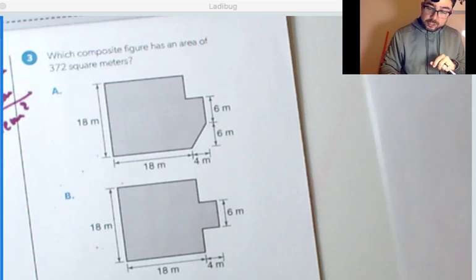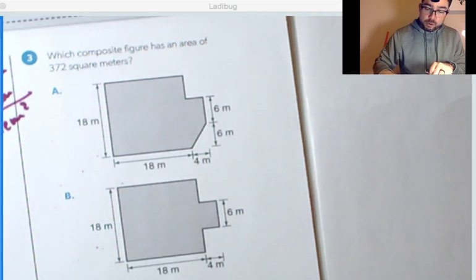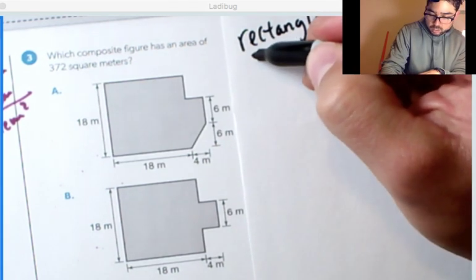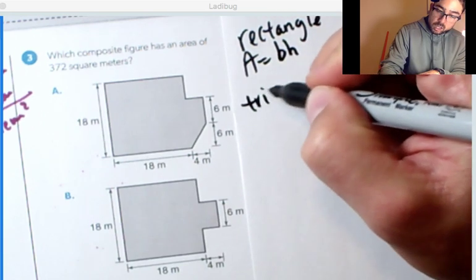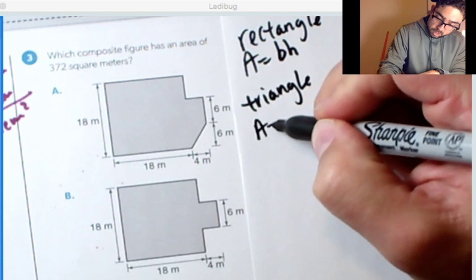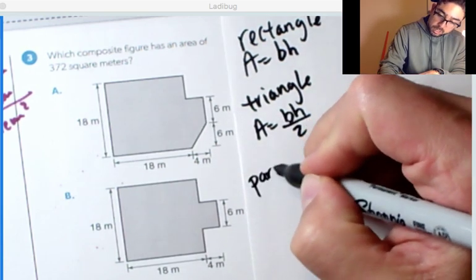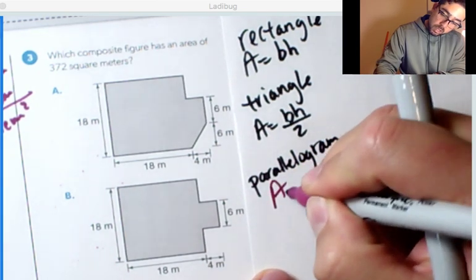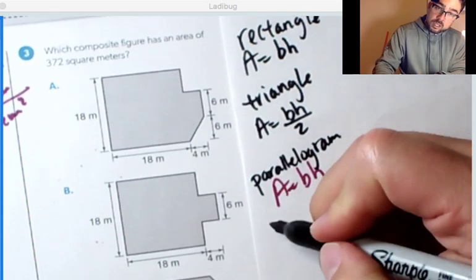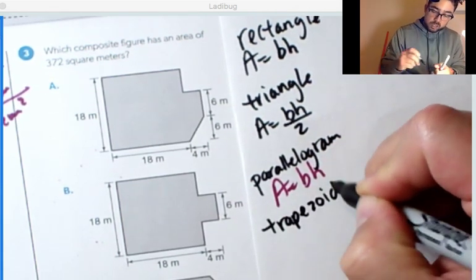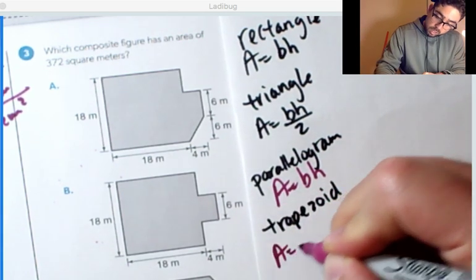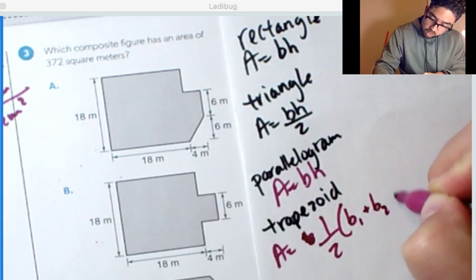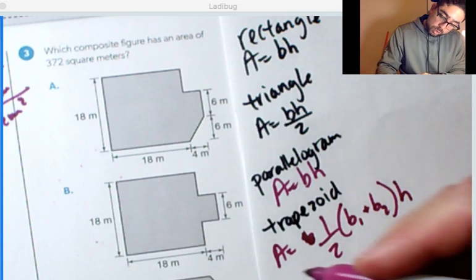Now, when we're talking about the shapes that you're going to be finding area for, you're going to be finding the area for rectangles, triangles, parallelograms, trapezoids, and circles.